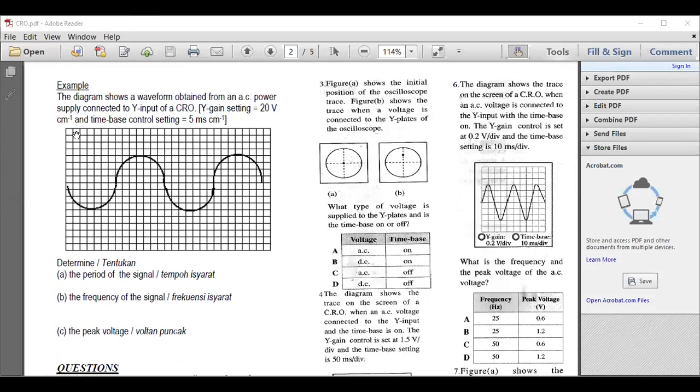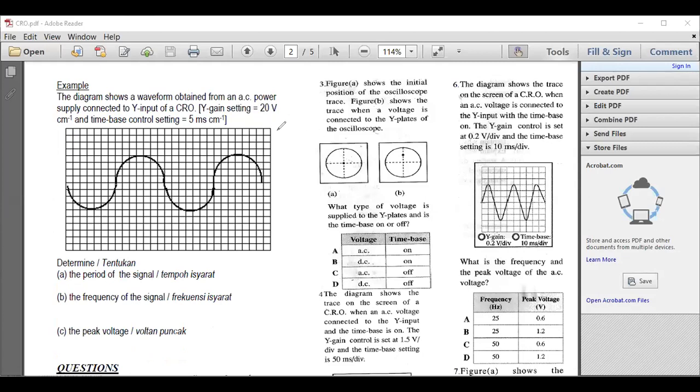The diagram shows a waveform obtained from an AC power supply connected to the Y input of the CRO. The Y gain setting is 20 volt per cm, and the time base setting is 5 millisecond per cm. The meaning is like this. The display looks exactly like a graph with boxes.